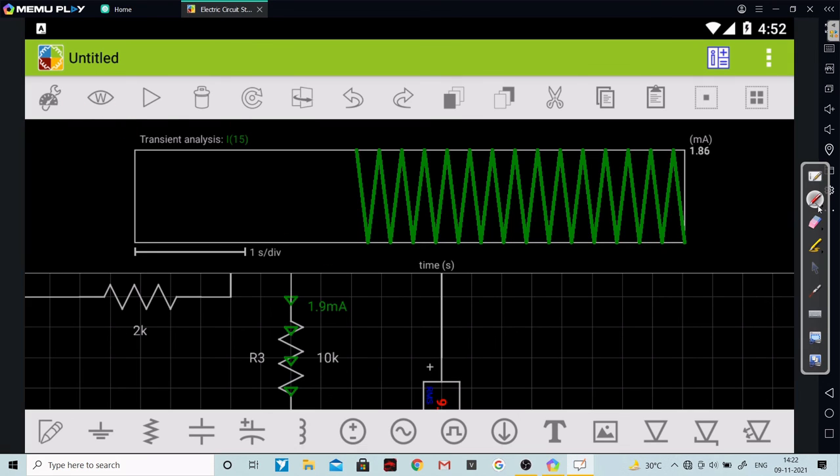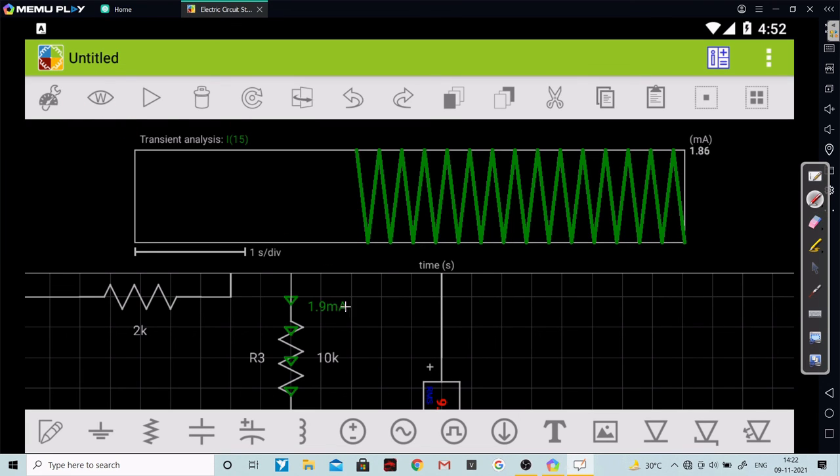There is also an arrow indicating that the current is flowing downward, that means it is flowing in this direction. And the current we got with the help of simulation is 1.9 milliampere.